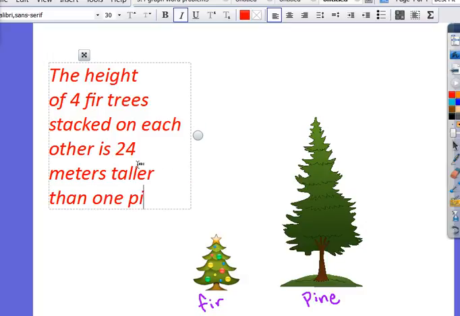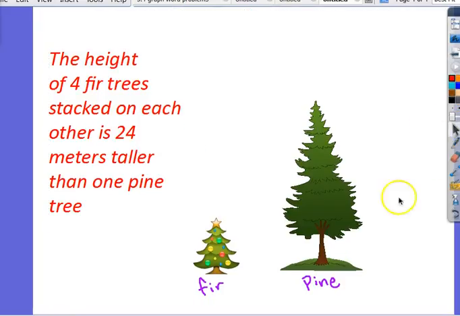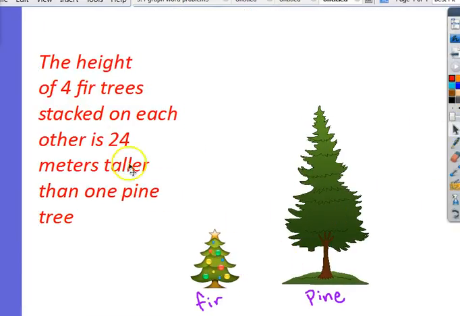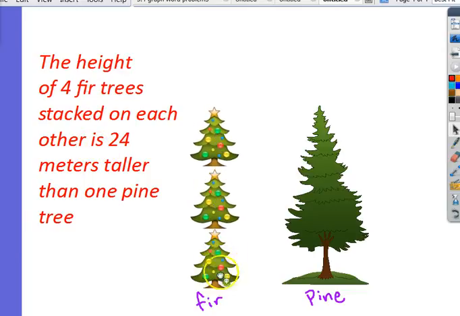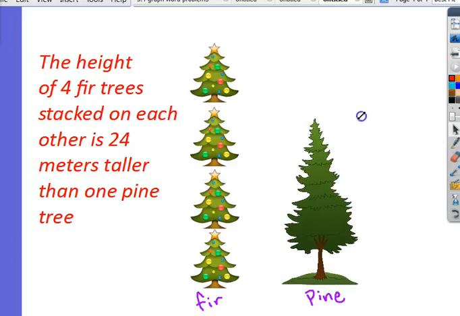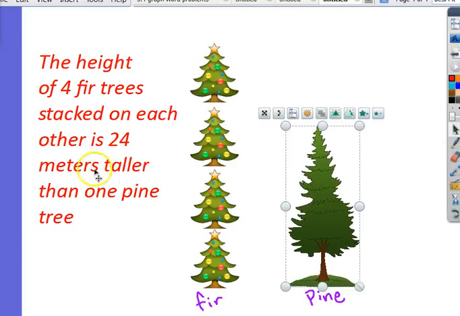I've drawn a picture here of a fir tree and a pine tree. The height of 4 of these fir trees stacked on top of each other is 24 meters taller than one pine tree.